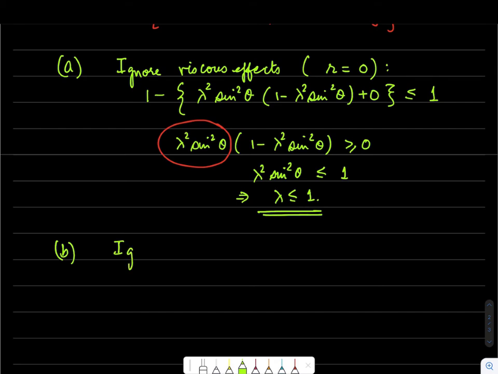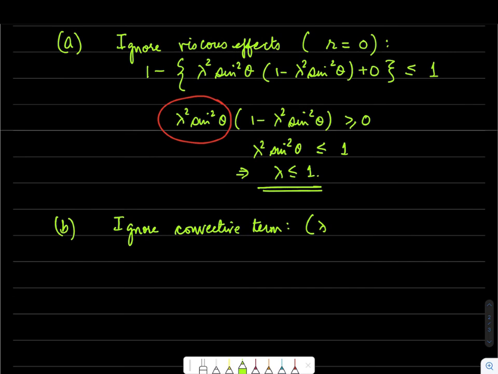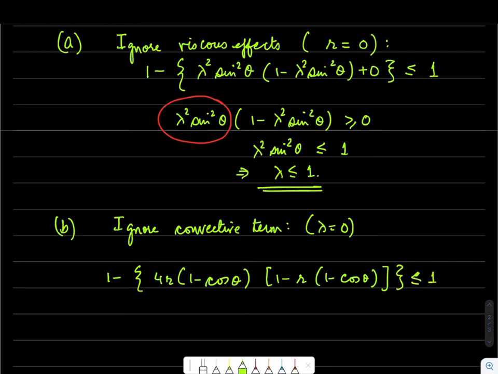If we look at ignoring the convection term, which would mean that we are solving the diffusion equation, so this would mean that lambda is 0, then what we will get is 1 minus 4r (1 minus cosine theta) times (1 minus r (1 minus cosine theta)) would be less than or equal to 1.